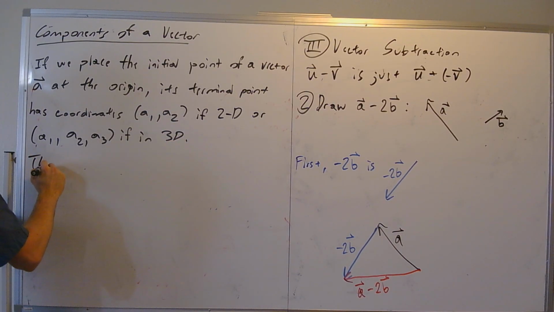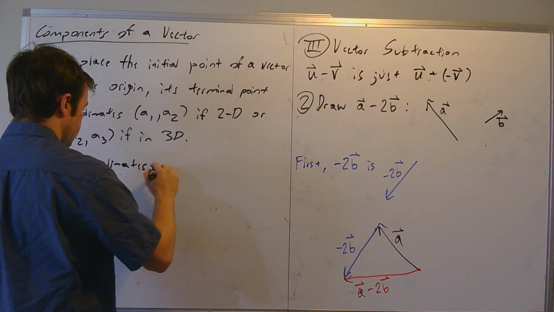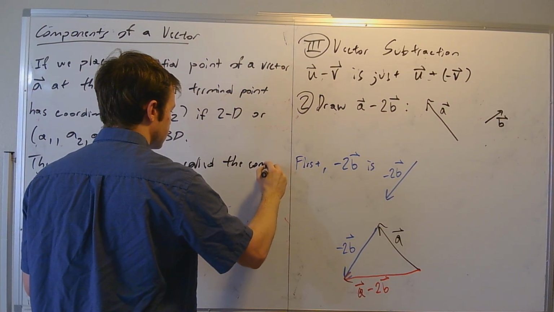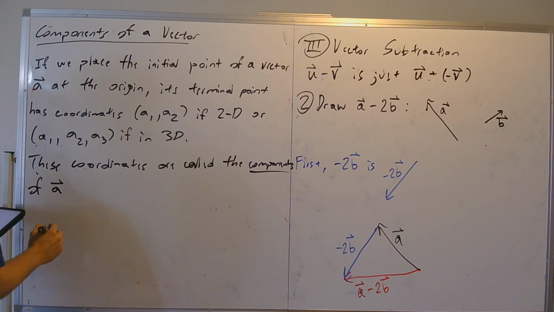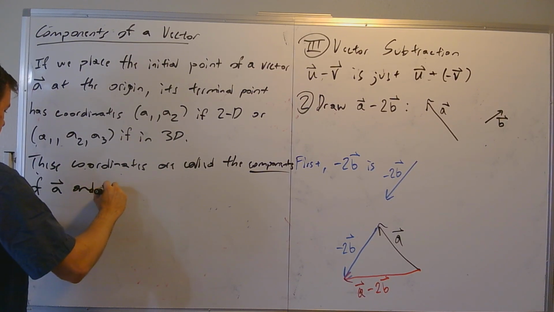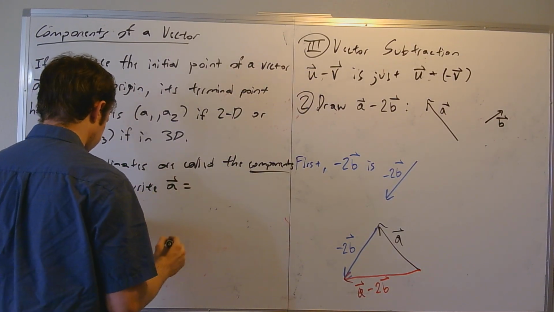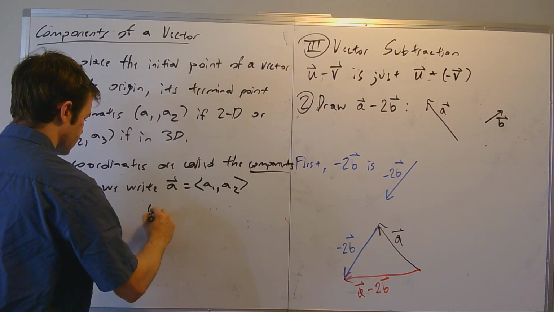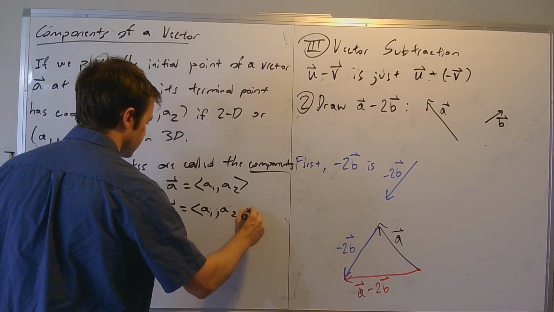These coordinates are called the components of A, and we write A equals A1, A2, or A equals A1, A2, and A3.